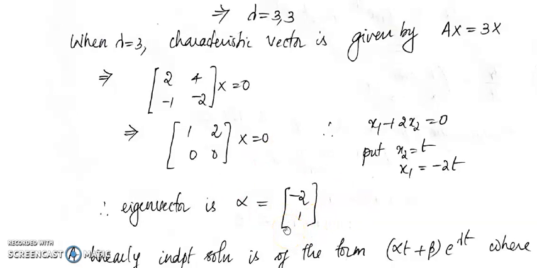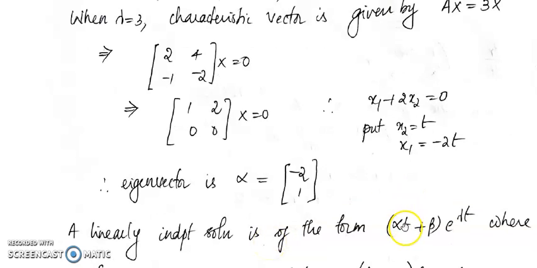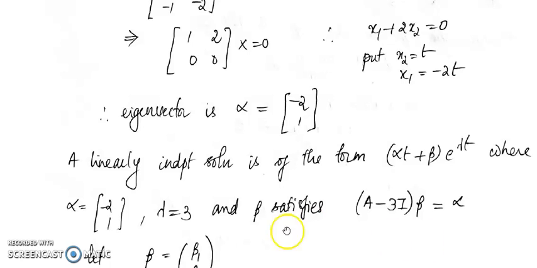We have seen in the theory that if you have got one eigenvector corresponding to the equal root lambda, then the second linearly independent solution will be of the form alpha t plus beta, into e raised to lambda t, where beta is a vector such that it satisfies the condition A minus lambda I into beta must be equal to alpha.